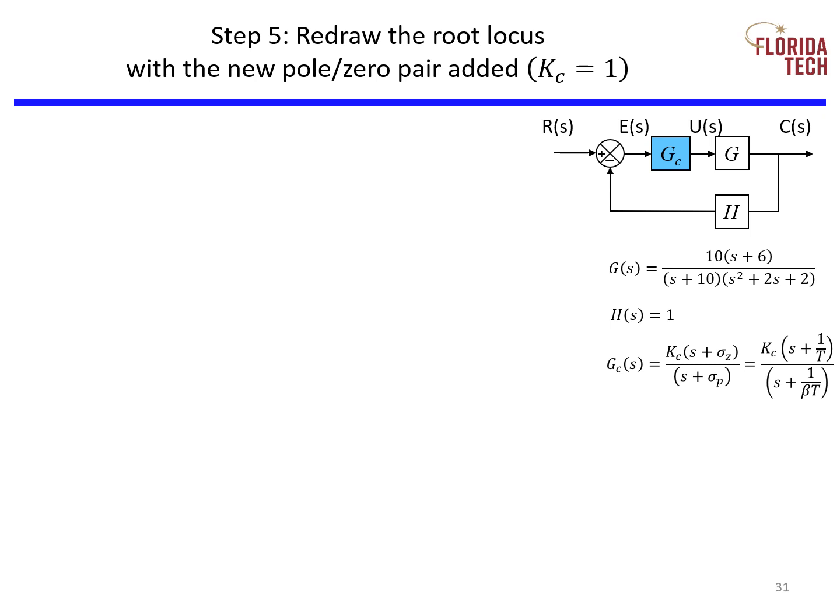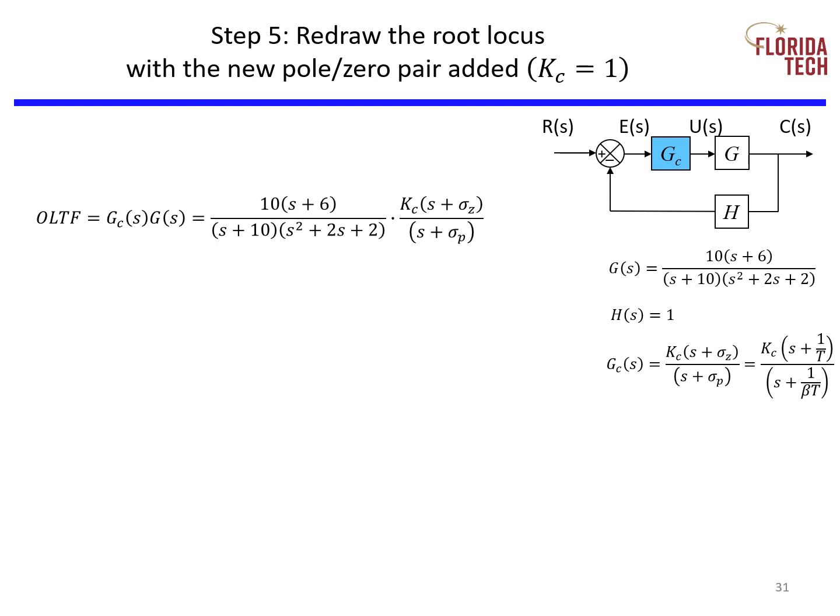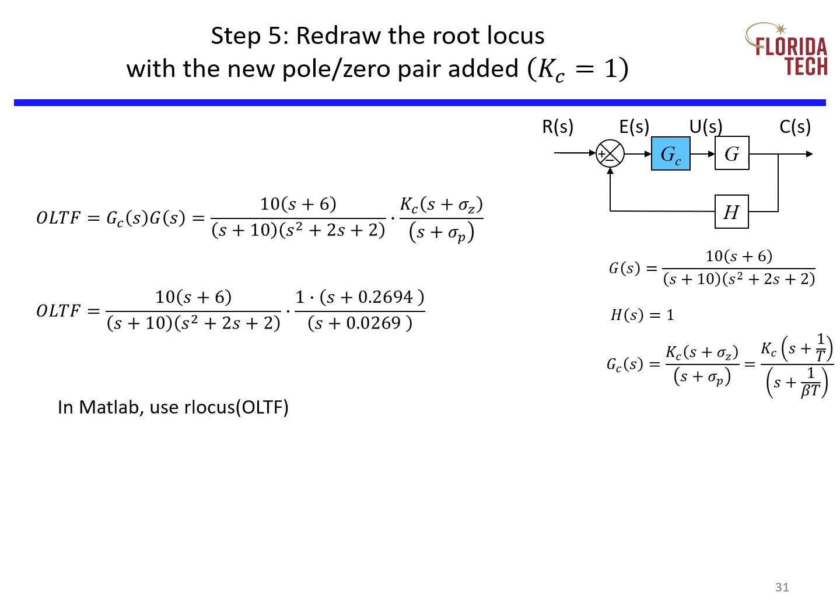The new open loop transfer function with the lag controller becomes what's shown here. Substitute sigma z and sigma p along with a Kc of 1, and we get this open loop transfer function. Now, we can go to MATLAB and either use rlocus or RL tool to draw the new root locus.